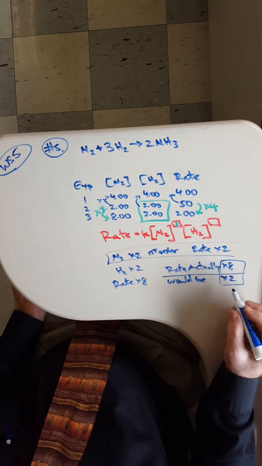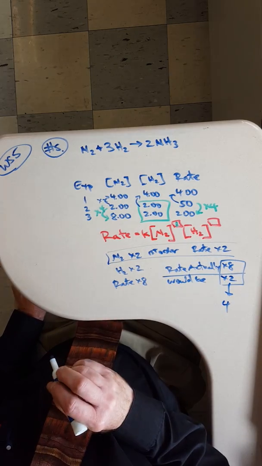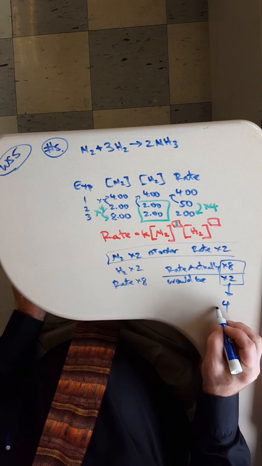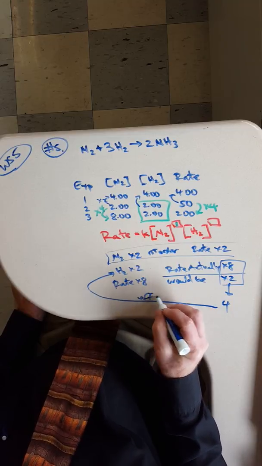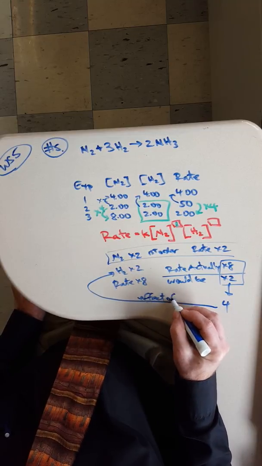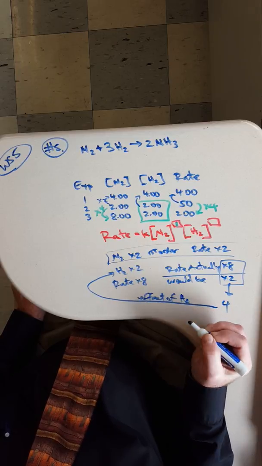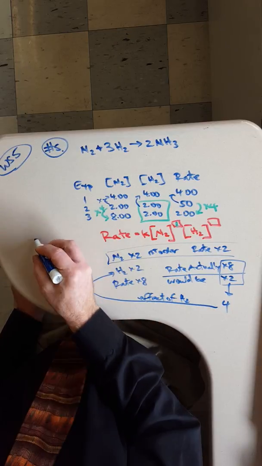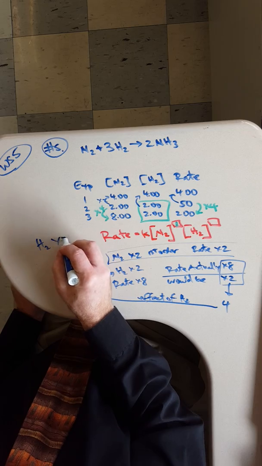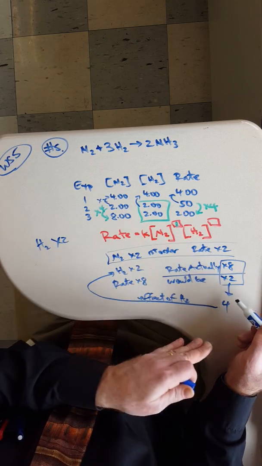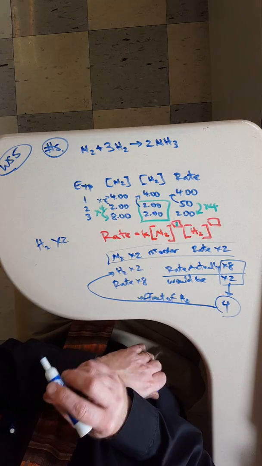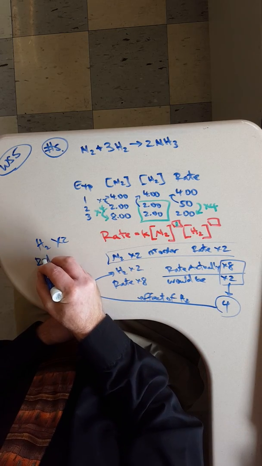This ratio here, 4, that's the effect of hydrogen. So hydrogen went times 2, taking into consideration the effect of nitrogen. The leftover factor is a factor of 4.